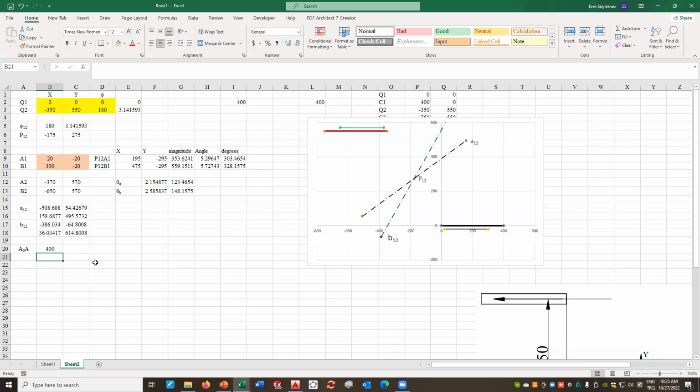So I will select it as 400 units. Later I can change it. Of course, this is, let me repeat, an input. I've made it pink.